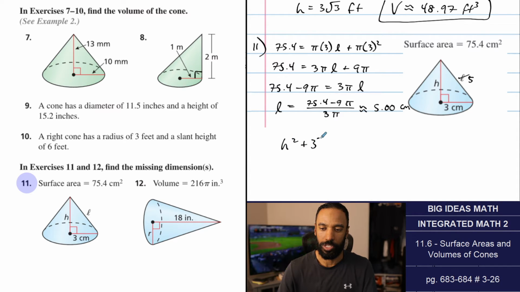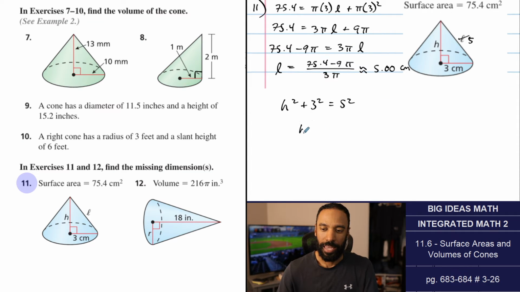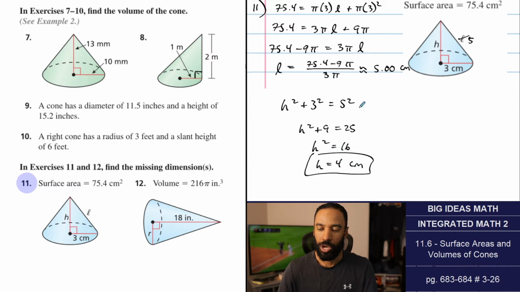You get h squared plus 3 squared equals 5 squared. Then h squared plus 9 equals 25. h squared is 16, and take the square root. You get h is 4. You get 4 centimeters on that one. So I should probably put 4.00. I'm going to see what happens when we do all that.